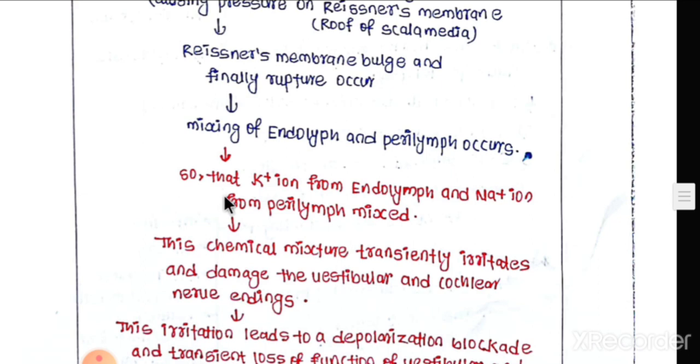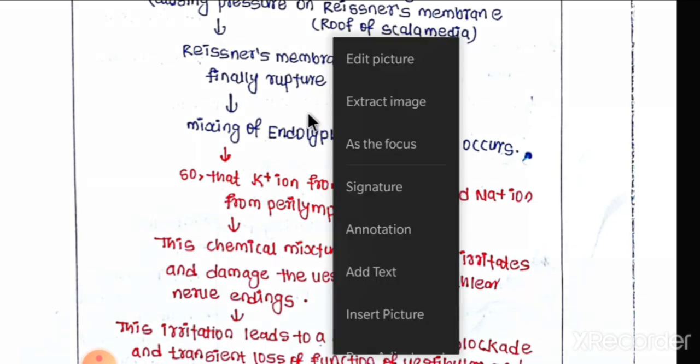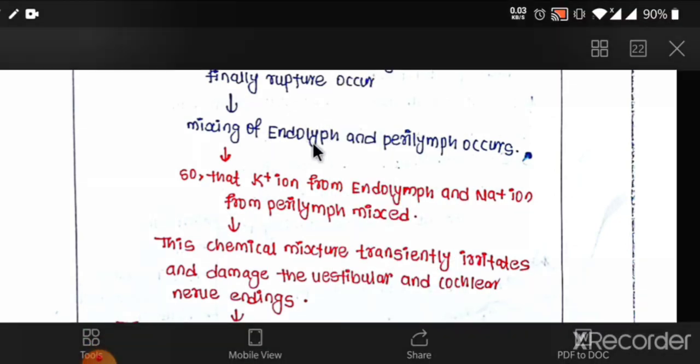The mixing of endolymph and perilymph, since endolymph has a high concentration of potassium ion and perilymph has a high concentration of sodium ion, means that the mixing of these ions chemically or transiently irritates and damages the vestibular and cochlear nerve.